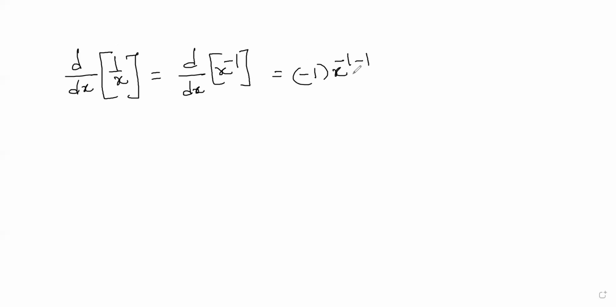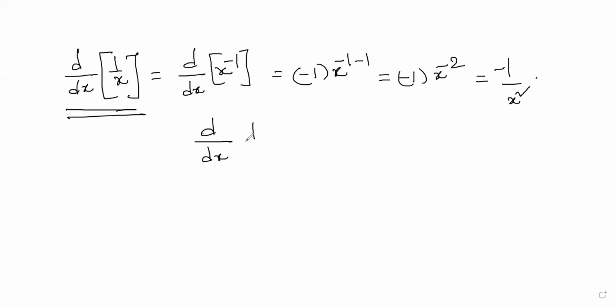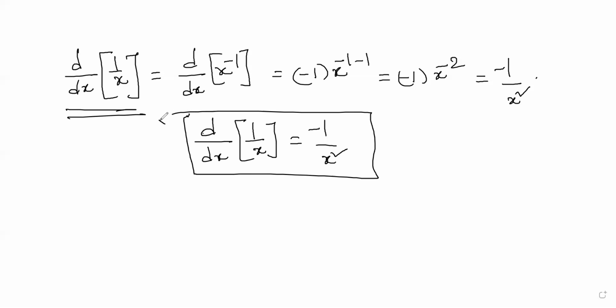You get minus 1 into x power minus 2, so it is minus 1 by x square. This is one really good formula you have to remember: the derivative of 1 by x is negative 1 by x square. Very important derivative formula.